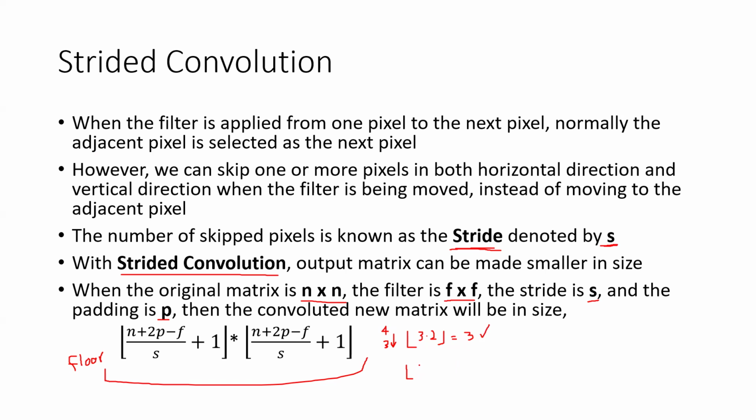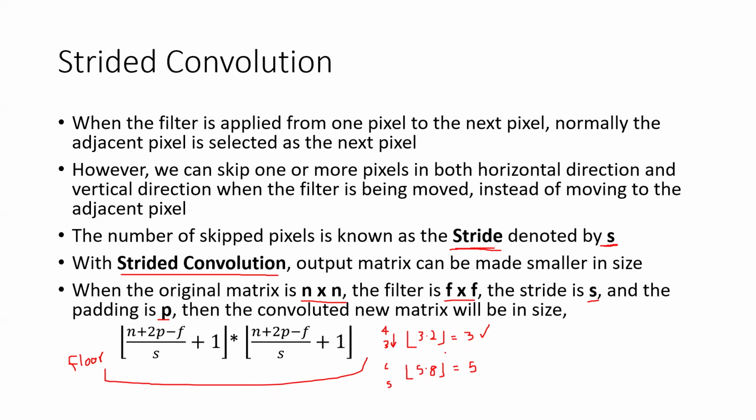Suppose it is 5.8 and we are trying to find the floor of 5.8. It would be between 5 and 6, right? So the floor means you have to round it down to 5. The floor value would be 5.